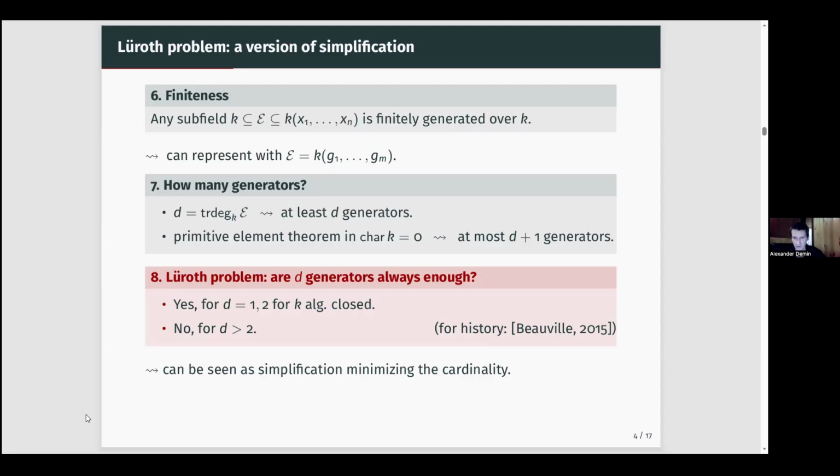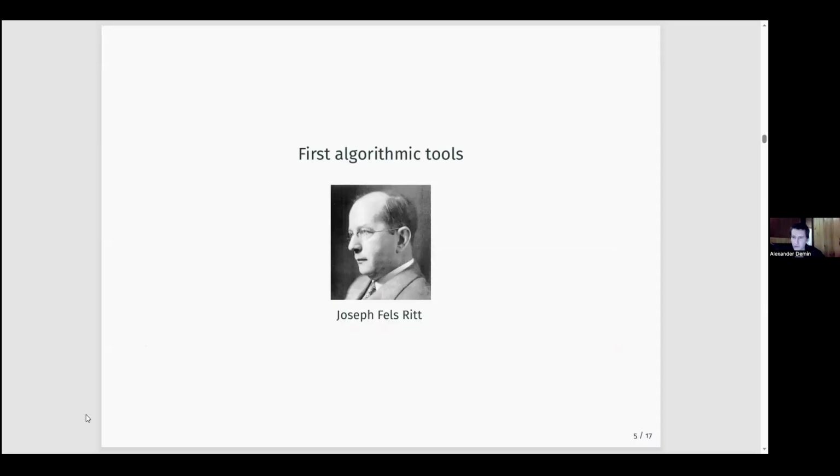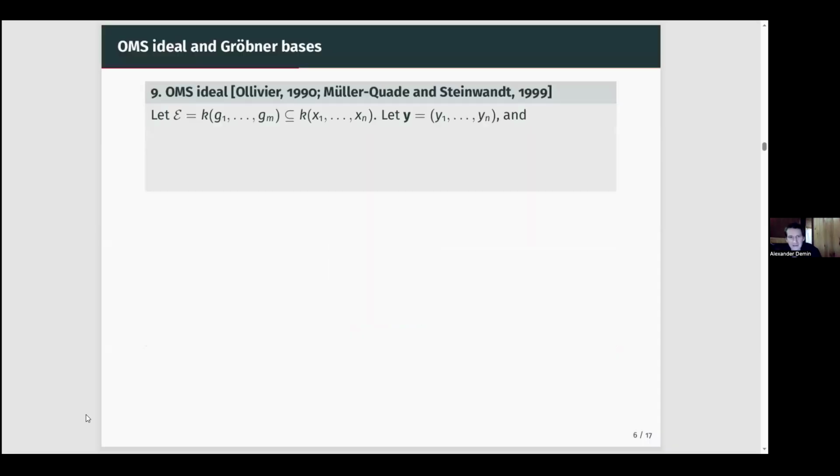All right. Now let me turn to some first algorithms. The following object will be the main character of this presentation. We will name it by the names of the people who introduced it first, the OMS ideal. So we'll consider a subfield in some n indeterminates and introduce another n indeterminates, independent of the previous ones.